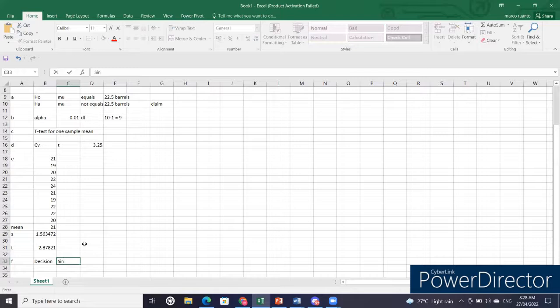Since our computed t is less than the critical value, our decision is that we fail to reject H0, our null hypothesis.